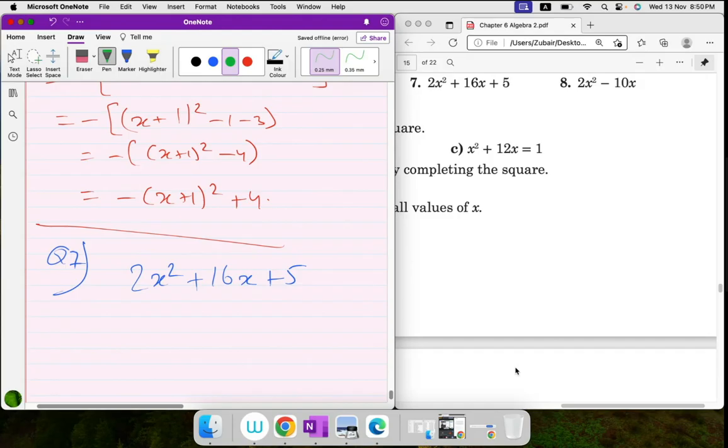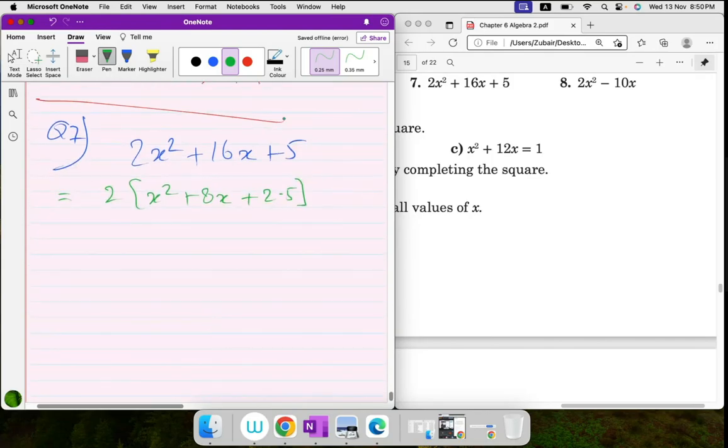So 2 bracket x plus 16 whole square plus 8, 13. First, we take out common from all three of them. Sir, why did we do 2 minus 5? Yes, sir, I did it wrong. 2.5. That is 2.5. Oh, okay. Yeah. 2.5, yes, sir.